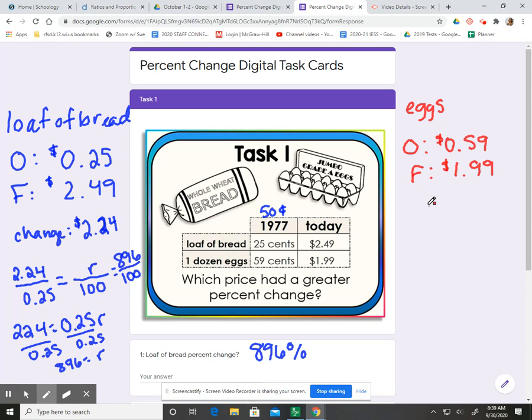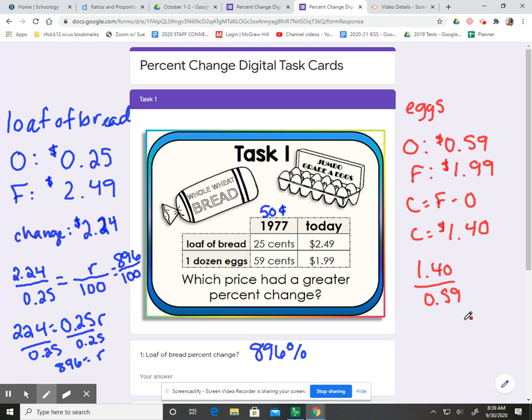Change is final minus original, so I have $1.99 minus 0.59, and I got $1.40. So my percent change is my change, 1.40, over my original, which is 0.59.